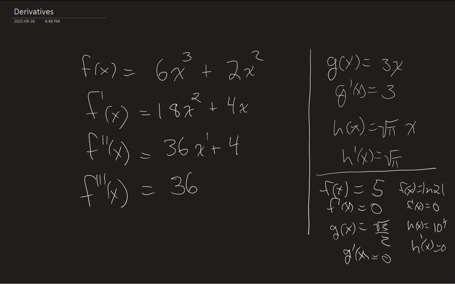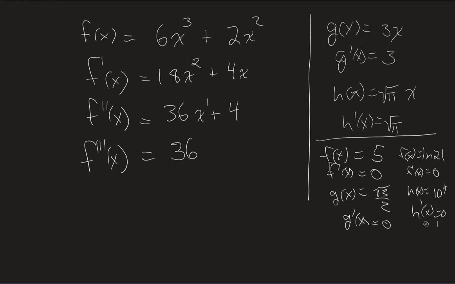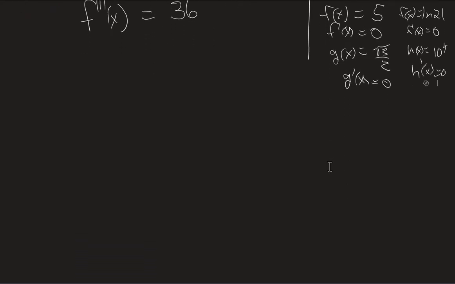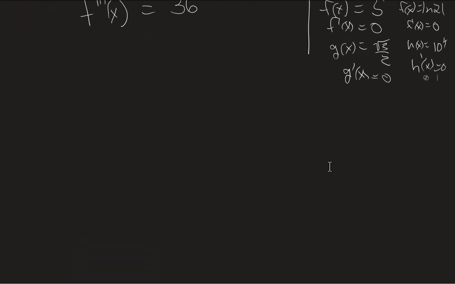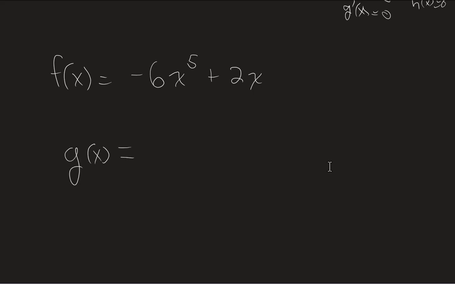Okay, so I can give you a couple to do. I'll write them on here. You pause it and do them and see if you get them right. So I've got f of x equals negative 6x to the 5th plus 2x, and g of x equals x squared minus 3. So pause it and do these, take the derivative of these and see how you do.